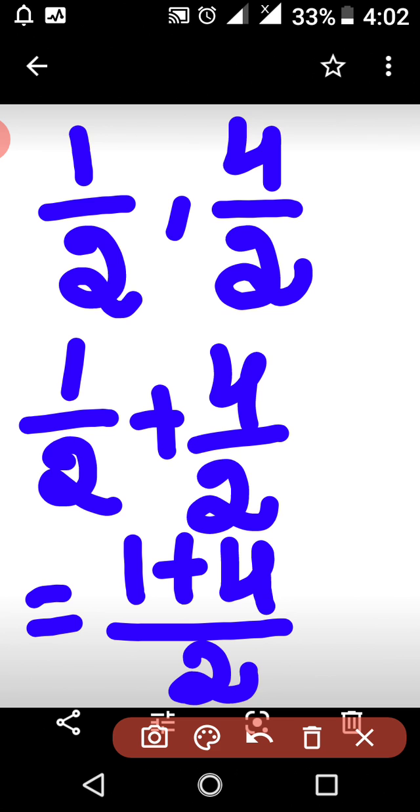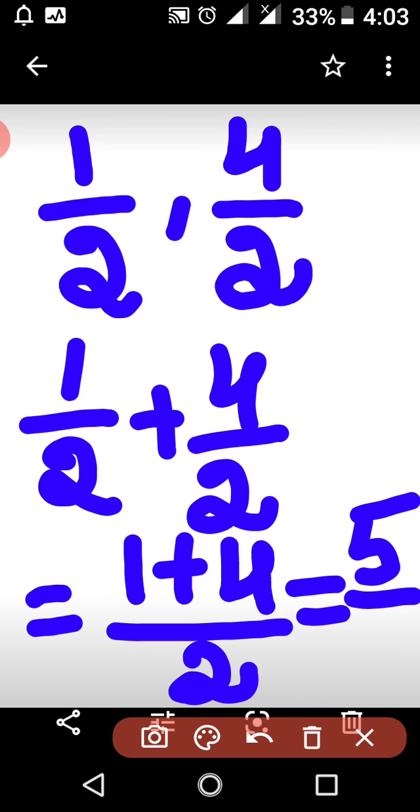So we take from these two groups, the first one as 1, the second one as 4. Then 1 plus 4 becomes 5 by 2. This is addition. Now I will explain why we are not going to write 2 two times in the denominator.